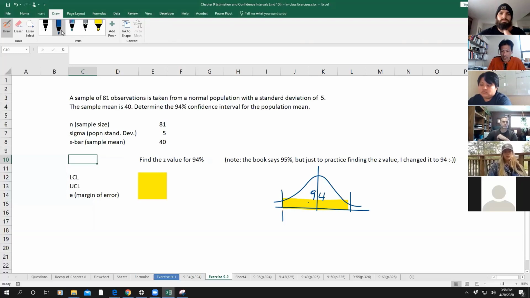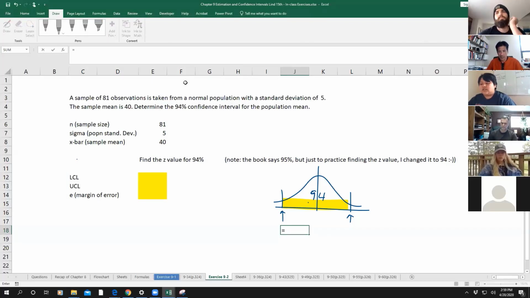So what is the Z-score corresponding to that point as well as that point? Did anybody get that? So for the z-score, it's 1.880. Let's round up to 8. 1.8808, okay. All right, let's confirm that.